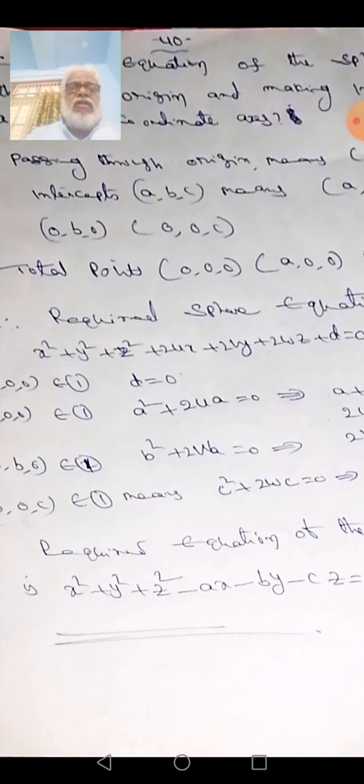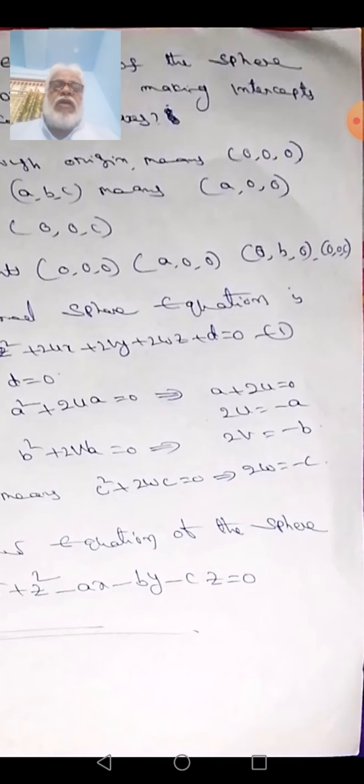So in this way, if you have any problems, you can find the notes also. First of all, write the 40 pages of notes and complete the spheres. If you prepare spheres, you definitely cover more than 30-40% of the syllabus.